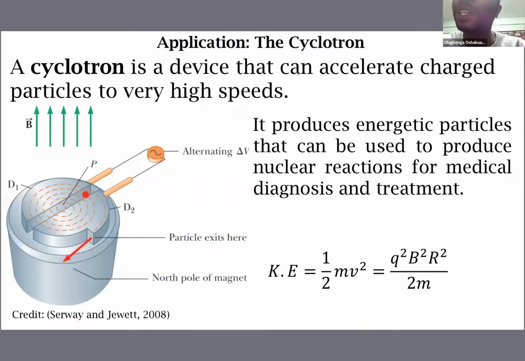Whenever it's leaving any of the Ds, the polarity will change and the particle will accelerate further. And when the particle leaves through this point, it leaves with very large energy, with large acceleration.